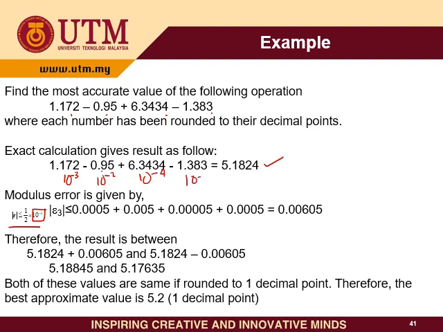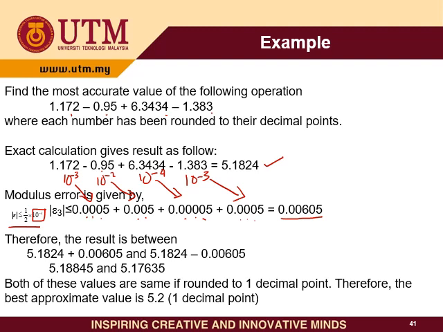This is your 10 negative 3. So in order to find the modulus error, each of the errors here, we plus them. So negative 3, we have 3. 2, we have 2. 4, we have 4. 3, we have 3. So we plus them all, we get our error for all the values here.